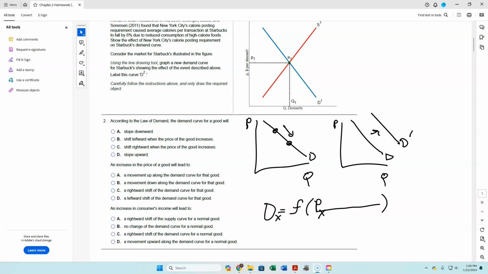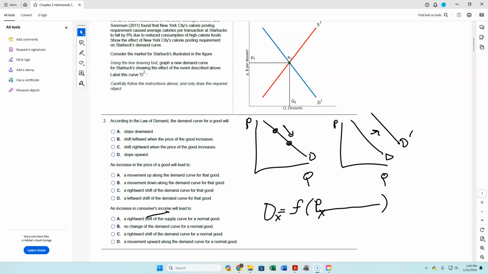When I'm changing something other than the price of the good itself, such as income, that would be where we're shifting the demand curve. And so then understanding each of these underlying variables and how they change things, that's where that would be useful and necessary for understanding what direction you shift the curve.